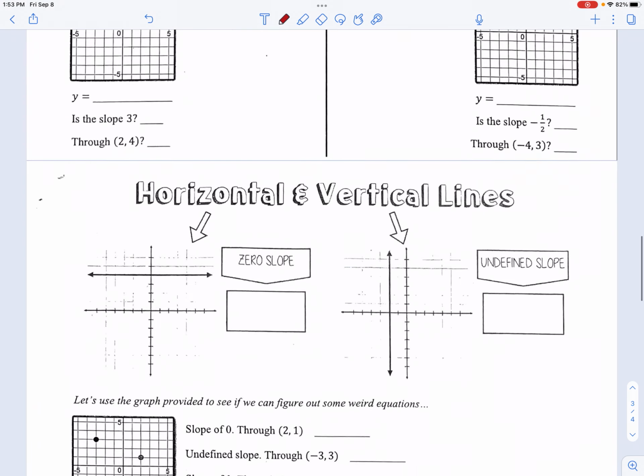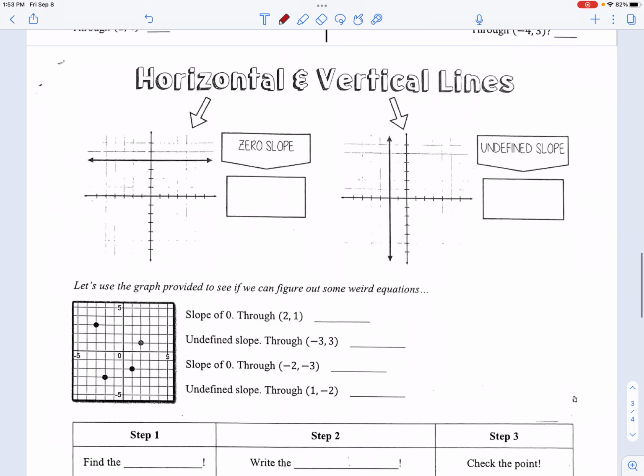All right. Next, we have horizontal and vertical lines. Now, these are special types of equations. These are special types of slopes. With a horizontal line, we have a 0 slope. If we were to do our rise over our run, if I pick this point and this point here, my rise to go from here to here is 0.